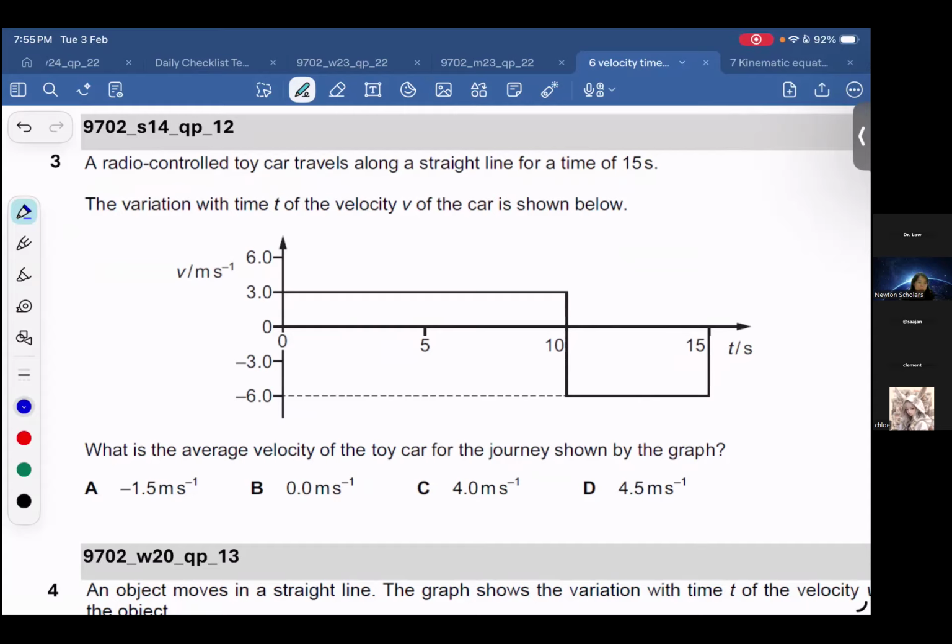Can you try? At the same time, I take attendance, dear.